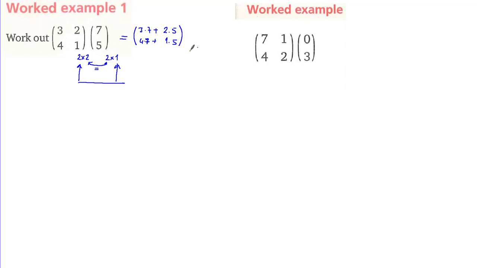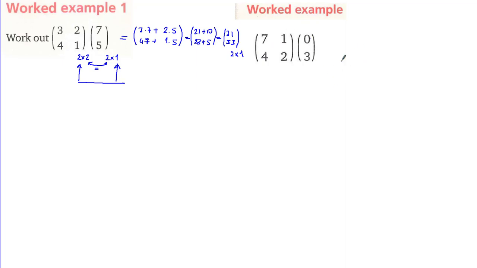The result is 3 times 7, which is 21, plus 10, and for the second row, 4 times 7 is 28, plus 5. The resultant matrix is 31 and 33. So this is also a 2 row, 1 column matrix.